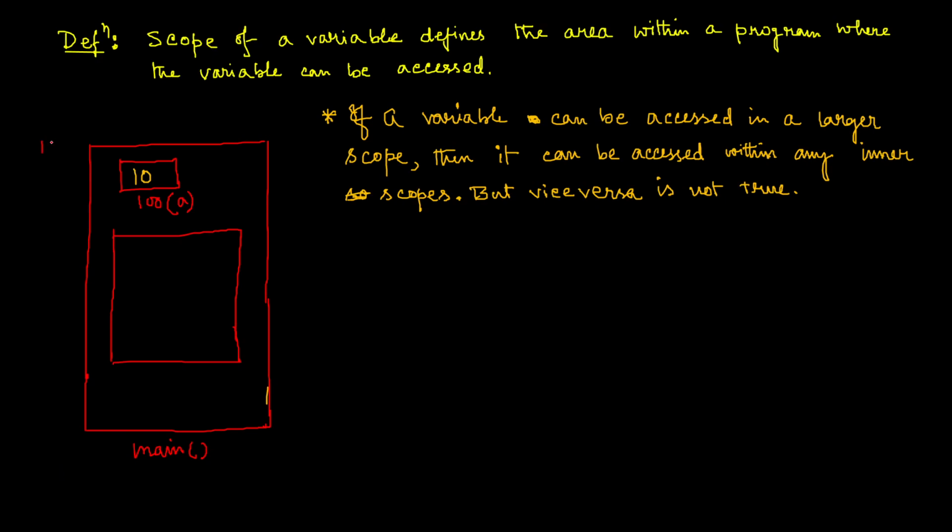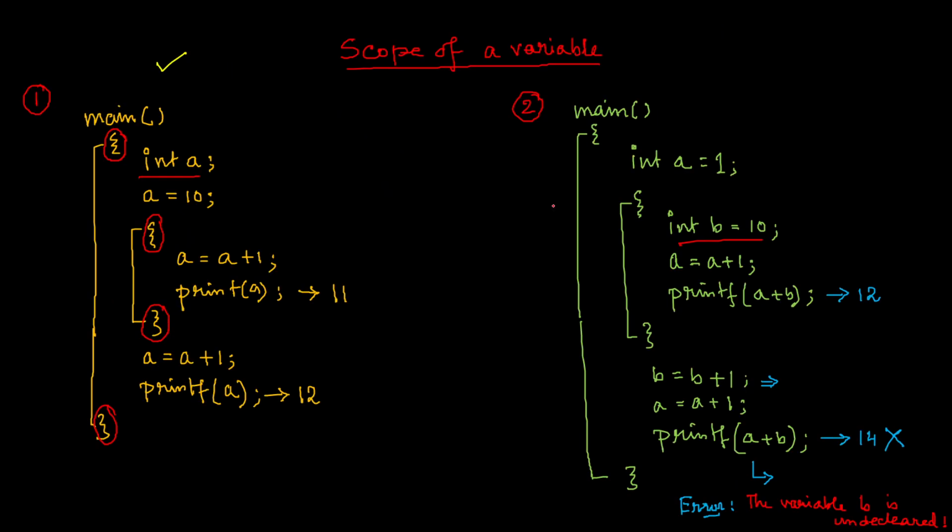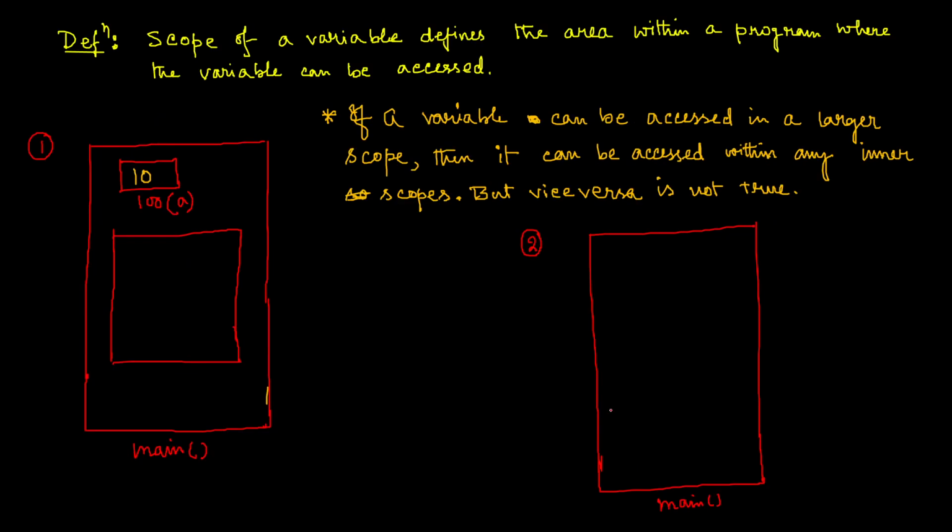For program 2, if I draw a similar type of rectangle for the main function again, but this is for program 2, within this, in program 2 also I have an inner scope within the large scope. So I will have an inner scope, definitely.